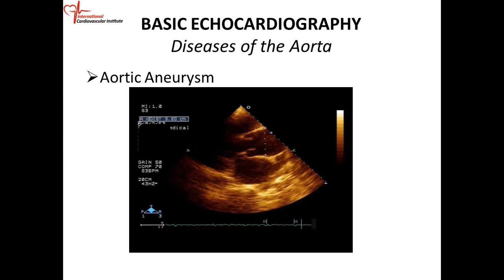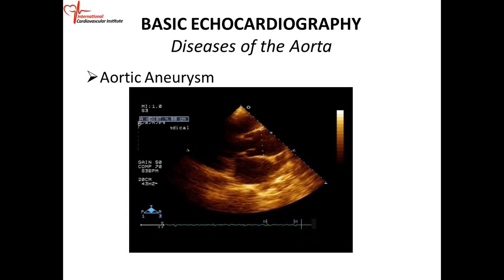It's very important to measure, because the amount of dilatation will tell you if the patient needs to have surgery, yes or no. Because one of the complications of dilatation of the aorta is rupture.